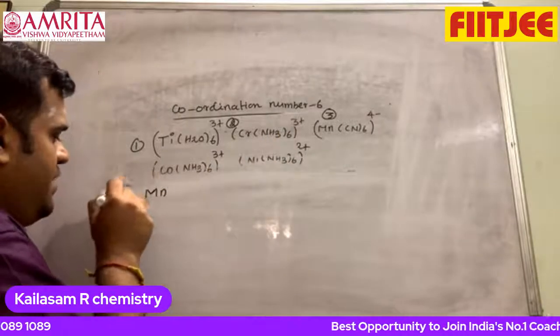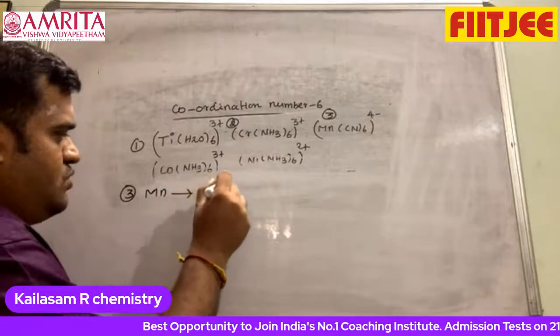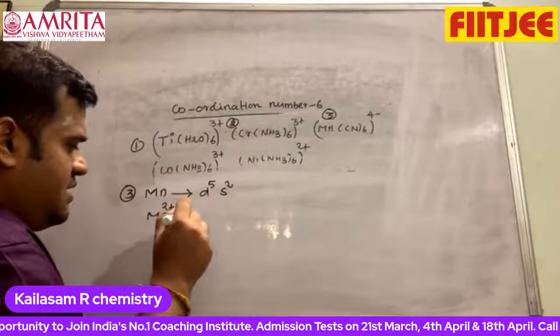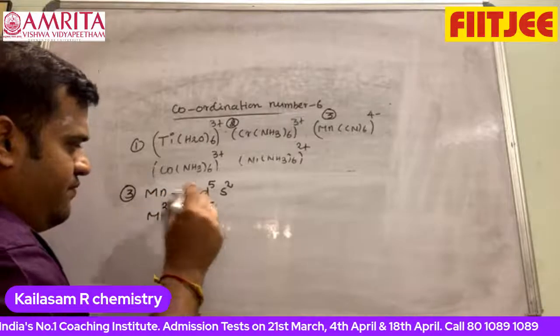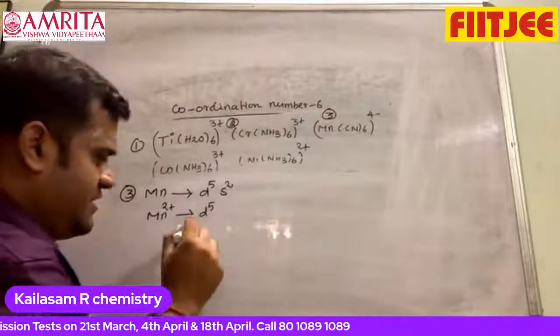It's the third one. Manganese is what? D5S2. I can say Mn2+ as d5. What ligand? Strong ligand. Pairing takes place.